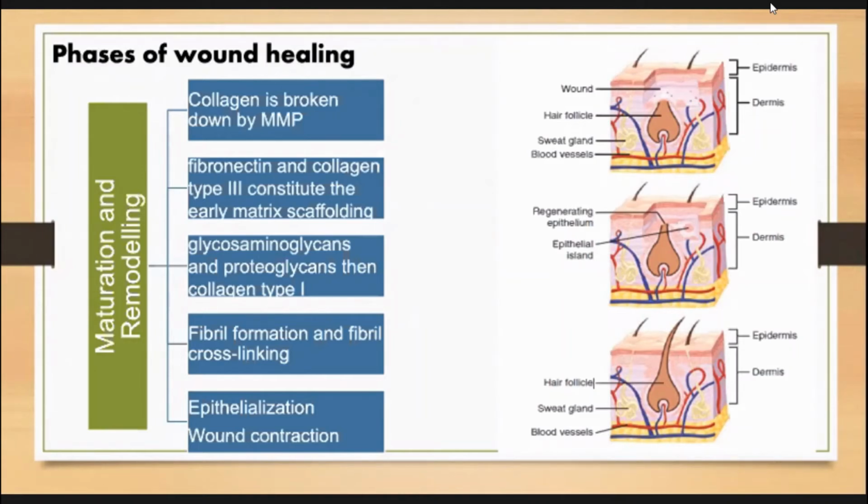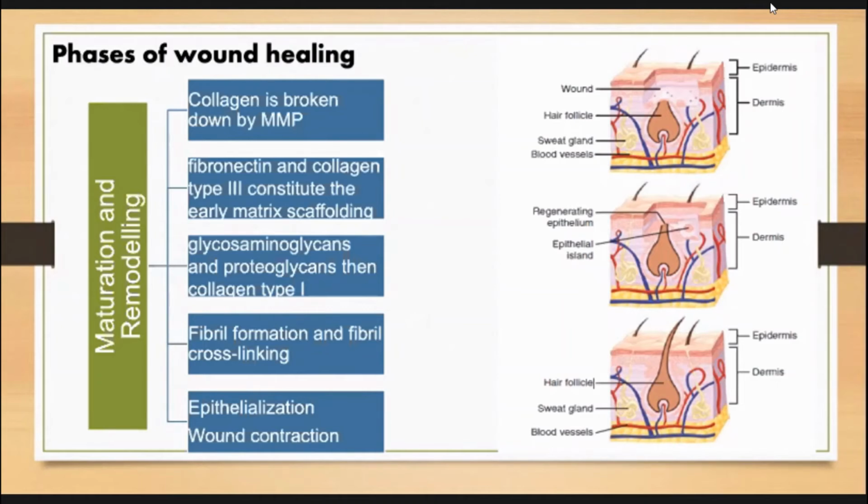Glycosaminoglycans and proteoglycans represent the next significant matrix components. And collagen type 1 is the final matrix that will be present in the wound. By several weeks post-injury, the amount of collagen in the wound reaches a plateau, but the tensile strength continues to increase for several more months, as we have mentioned earlier, even up to 12 months.